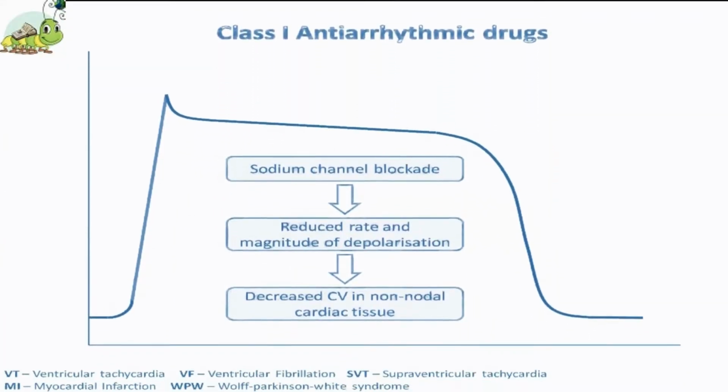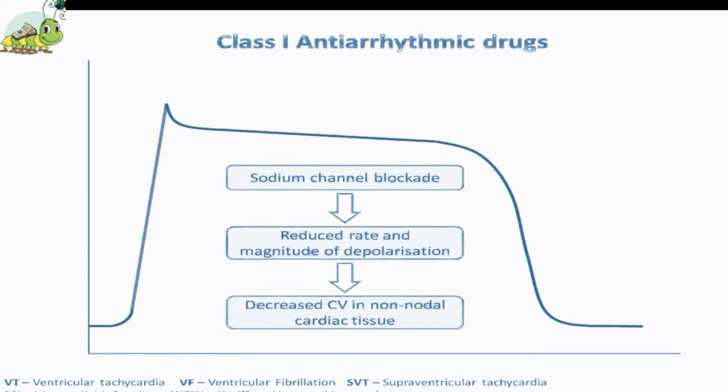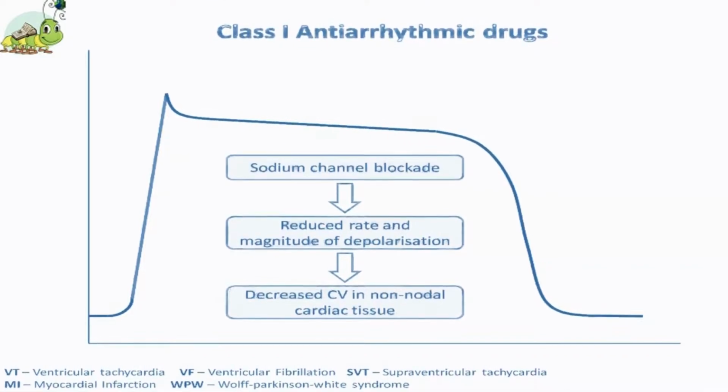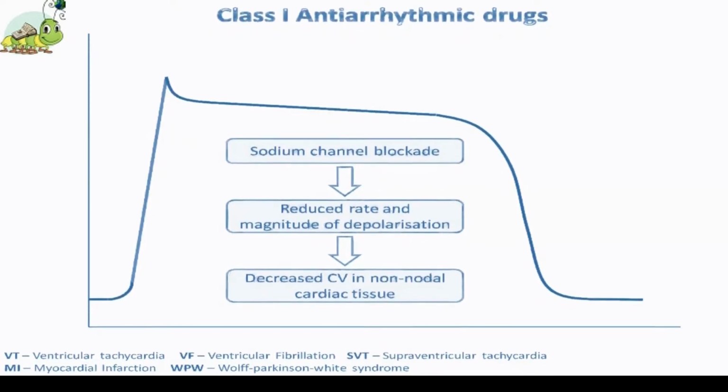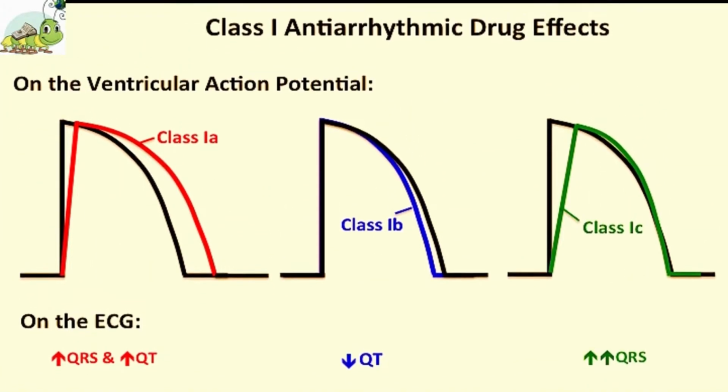Number 1, class 1A drugs slow the rate of rise of phase 0 of the action potential and prolong the ventricular ERP, meaning effective refractory period. Members of this class impair the function of the membrane sodium channel, thereby decreasing the number of channels available for membrane depolarization.